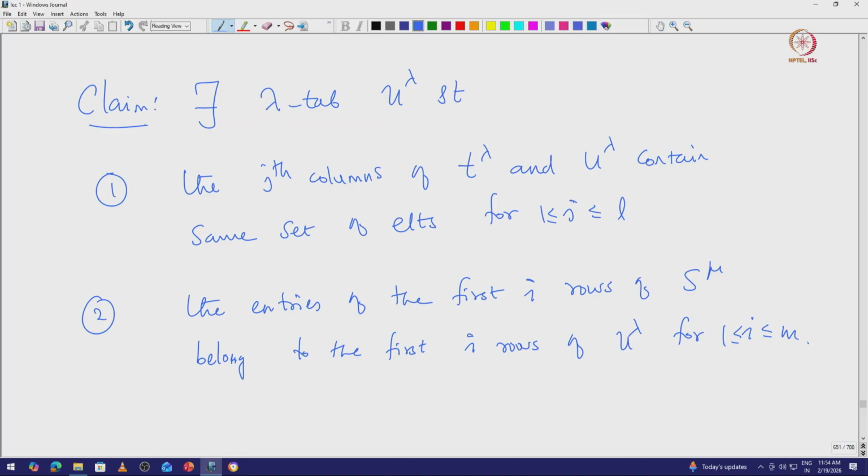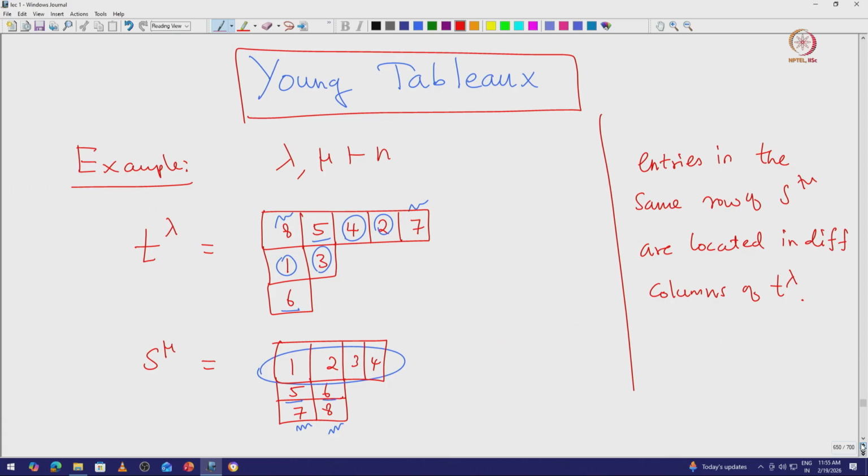Here we have the convention that lambda is given by lambda 1 through lambda L, and mu is given by mu 1 through mu m. L is the length of lambda and m is the length of mu, and both lambda and mu are partitions of n.